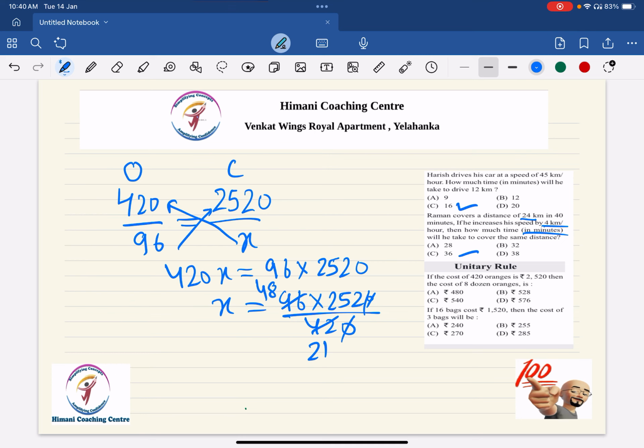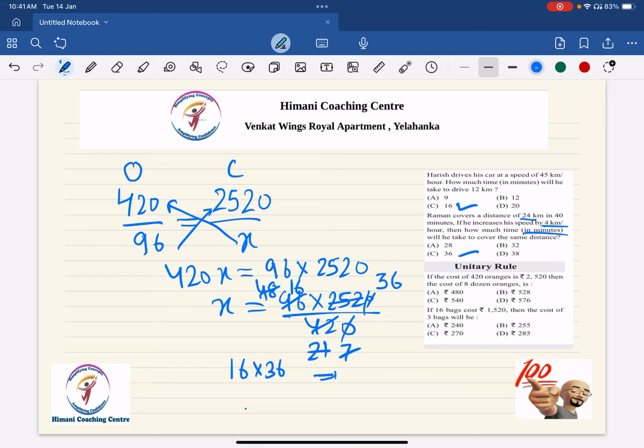Then 4 plus 8 is 12, which comes in the table of 3. So 3 sevens are 21, 3 sixteens are 18. Now we have 252 by 7. So divided by 7. So 7 threes are 21 and 7 sixes are 42. So we are getting 16 times 36.